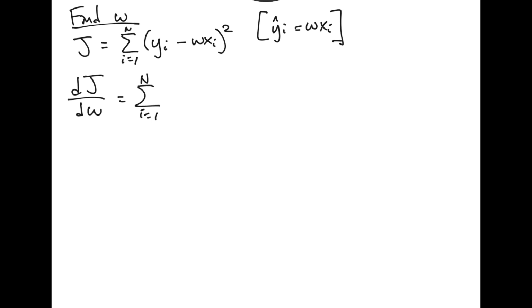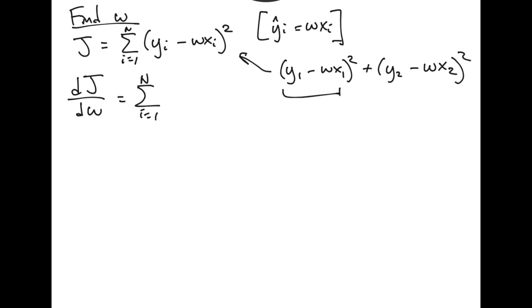This is a pretty simple derivative. It's really just the sum of, or you can think of it as, (y1 minus wx1) squared plus (y2 minus wx2) squared. So you're really just taking the derivative of each of these one at a time and then summing them back up together. But to make it simpler, we can do that inside the sum.